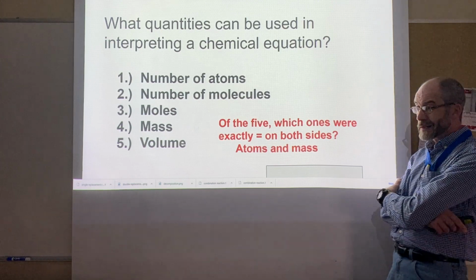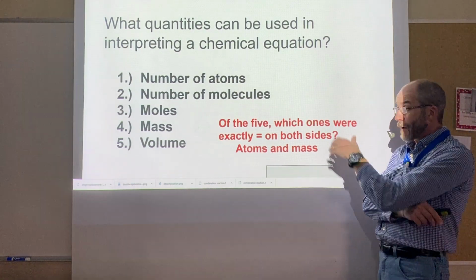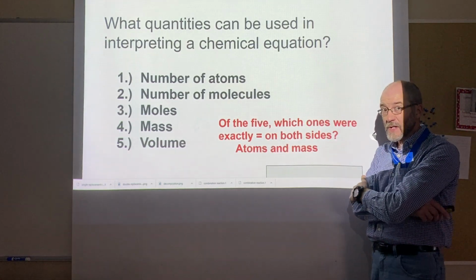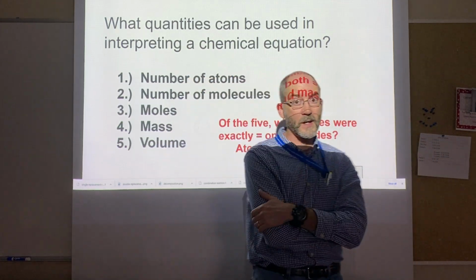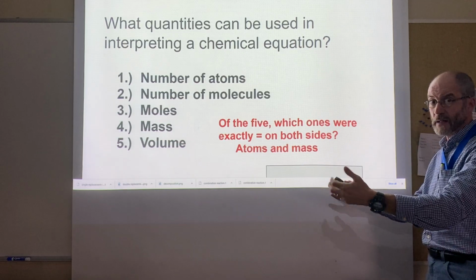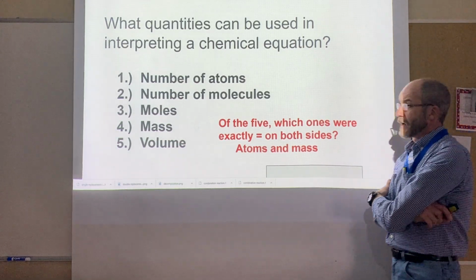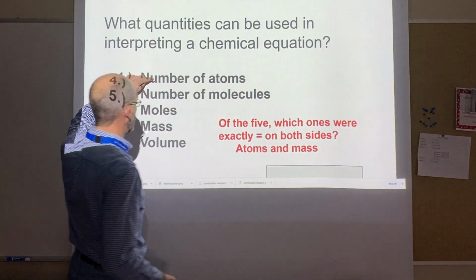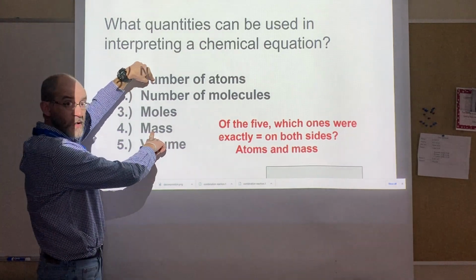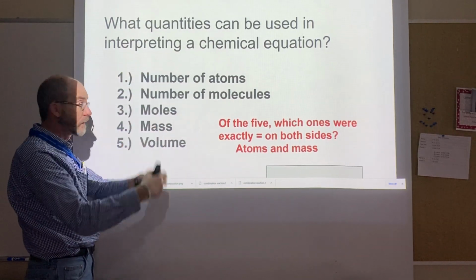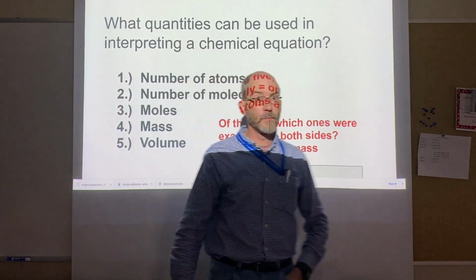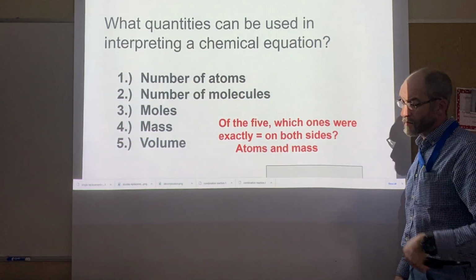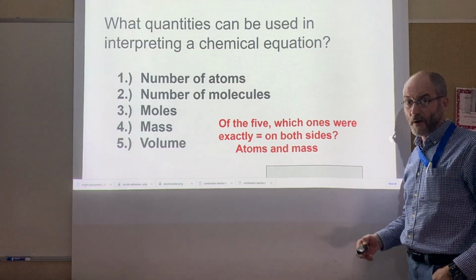At the end of the day, we're going to learn about these 5 quantities, and something very interesting: only 2 of them had to have the same equivalent values on both sides. And that was what? It was the number of atoms and the mass. That makes sense, they're very much tied together. But the number of molecules, the number of moles, and the volume do not have to be the same on the reactants versus the products.